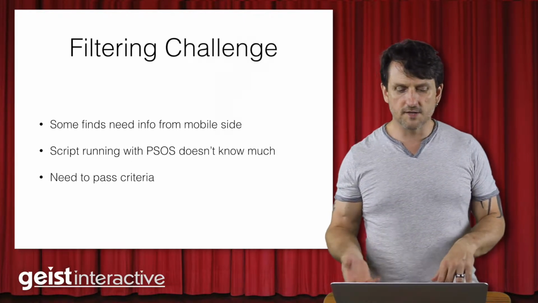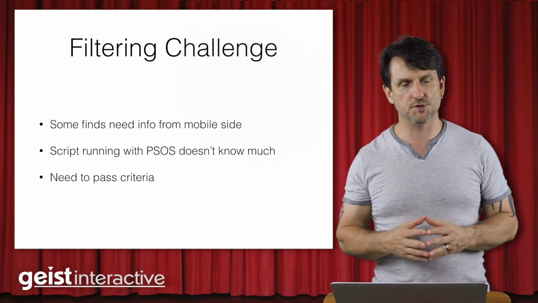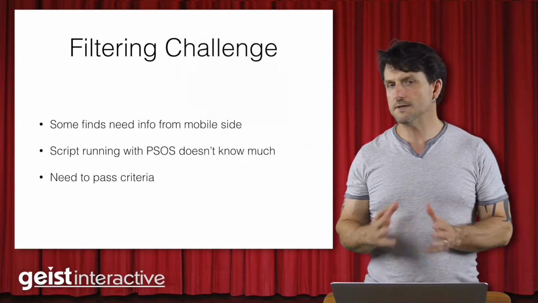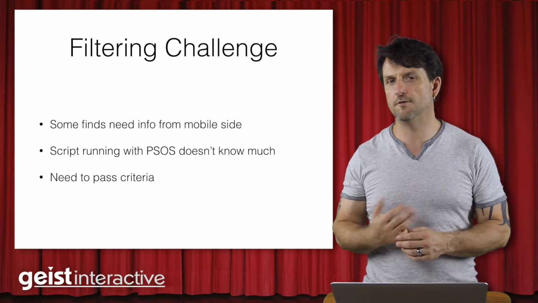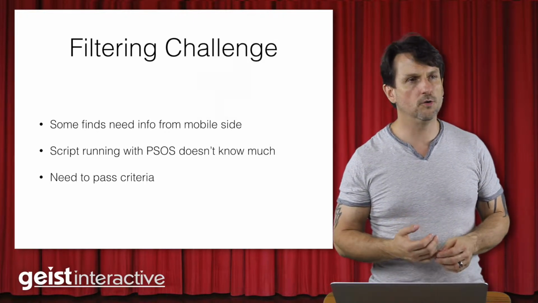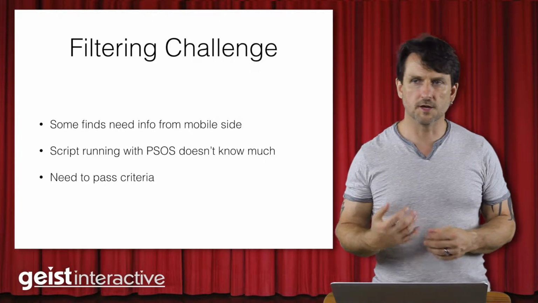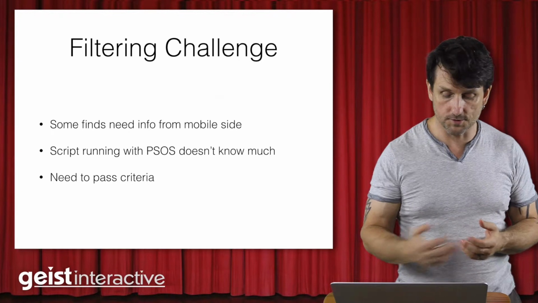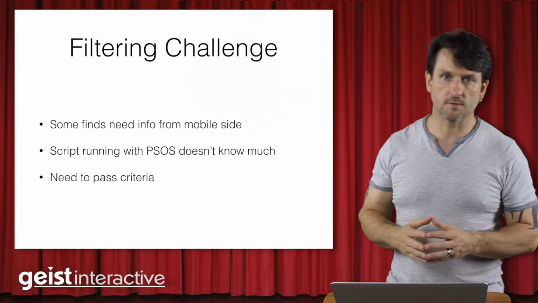However, this did present a challenge that we had to overcome in our engineering of GoZync 5, so let's just cover that real quick. The basic problem is that sometimes you're going to want to do finds, or filters, that include information that's only available to the client, not available to a script running with Perform Script on Server.